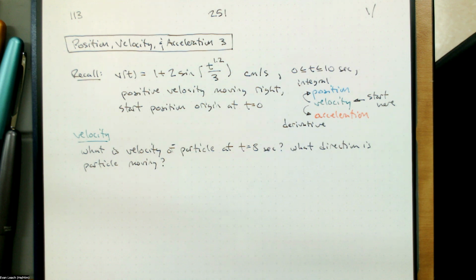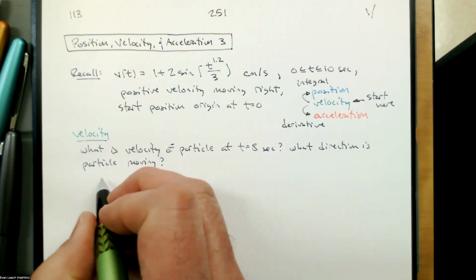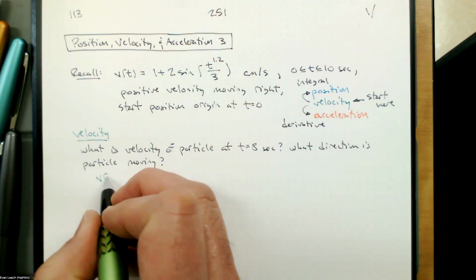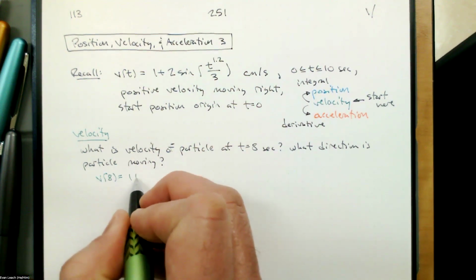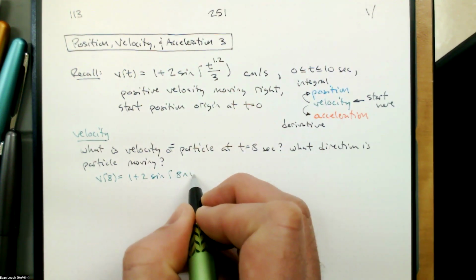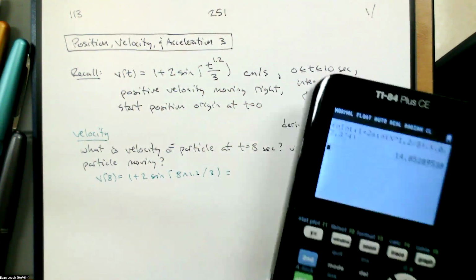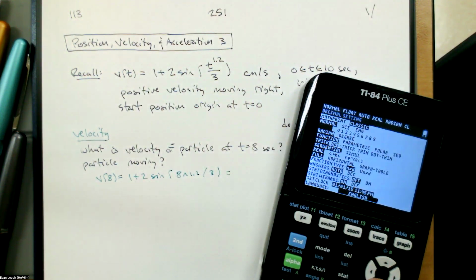In that case, this would just be a question of finding V of 8. So 1 plus 2 times the sine of 8 to the 1.2 divided by 3. We just want to make sure our calculator is in radians.